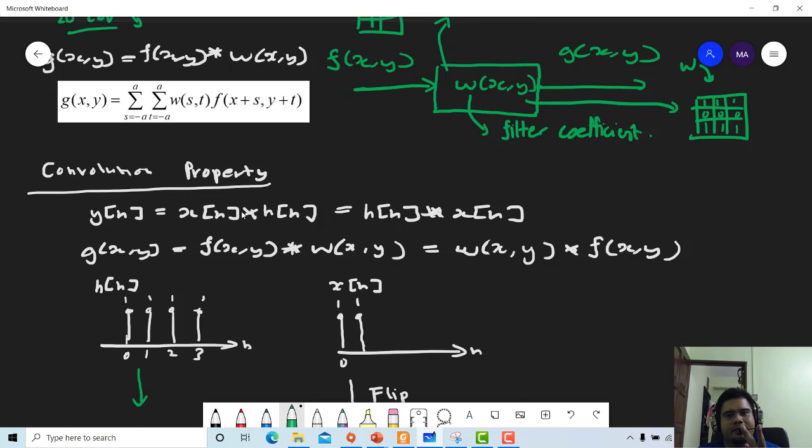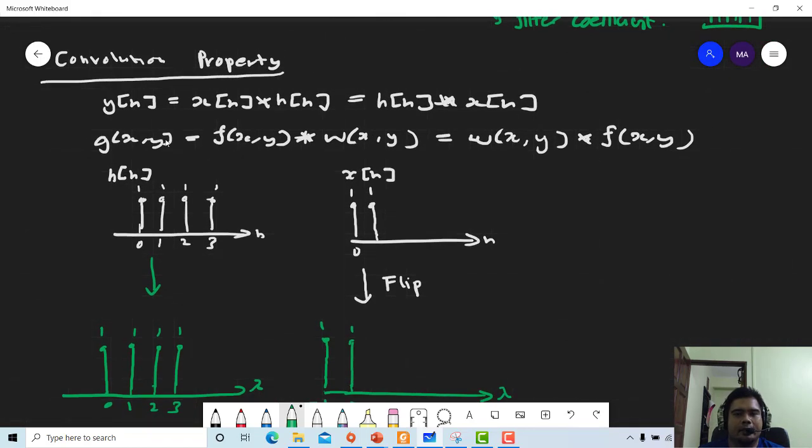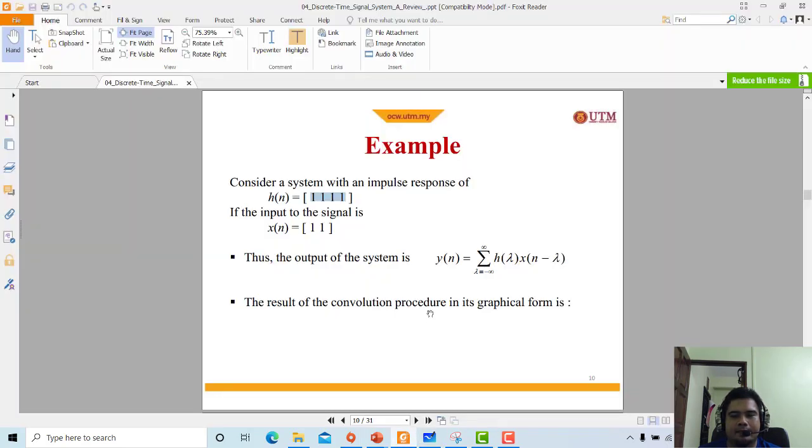Doesn't matter which position it is. So if you remember, when you do the convolution in a one-dimensional signal, I just draw the same example as in this slide. It's a good example.